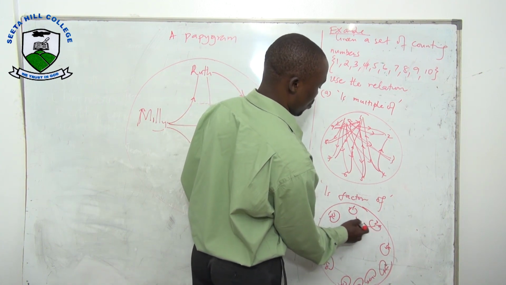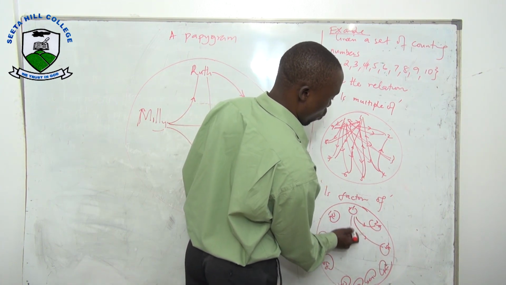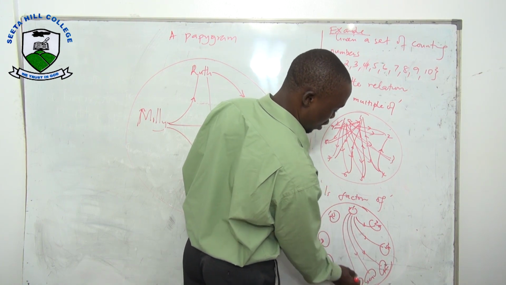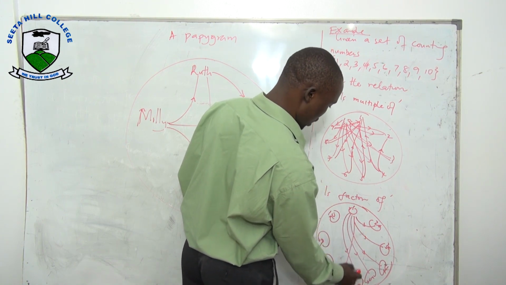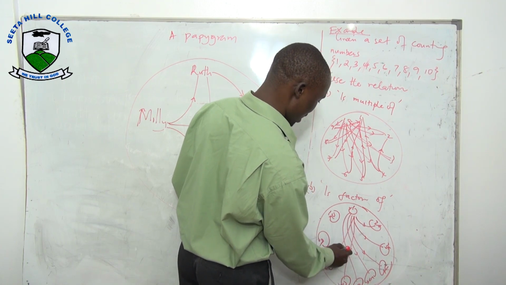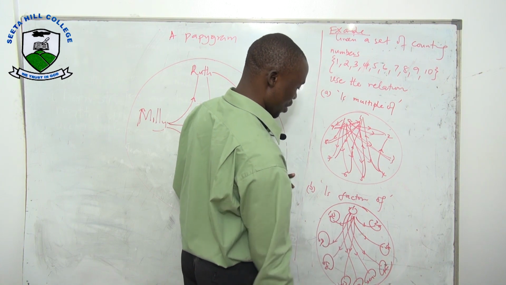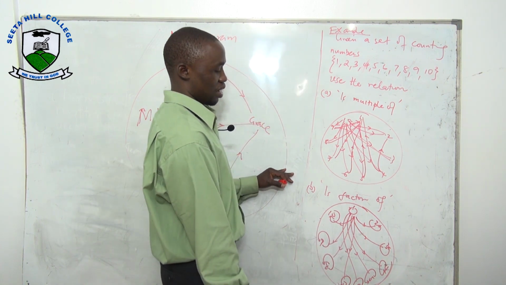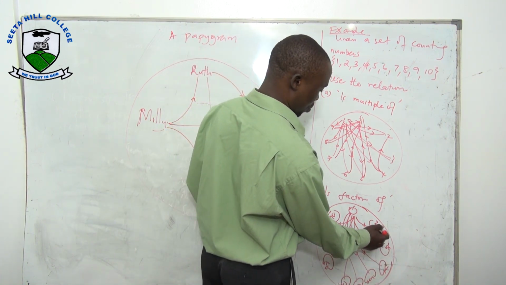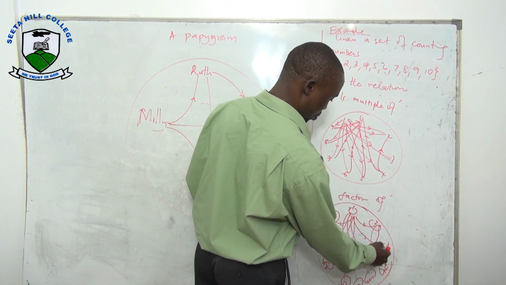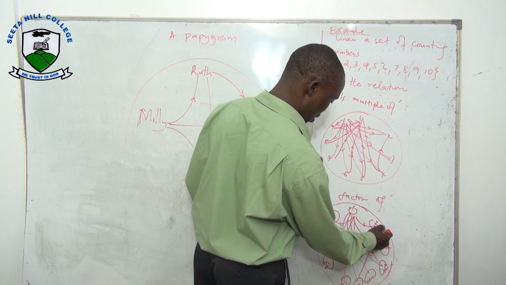That's again going to be too much. This one should not be put in sets. Do you advise that? Then who is a factor of the other? 2 is a factor of 4 and 8 and 6, 8 and 10.